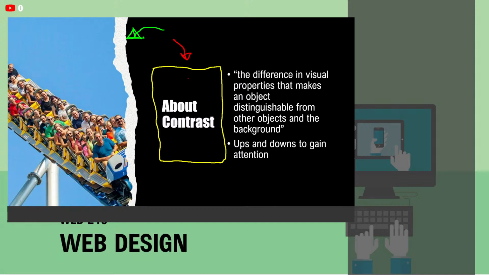And as you're going down, obviously, that sends your brain through an experience. And so by providing these different levels of contrast, we're able to start to guide our user through a page based on what we deem significant via contrast.